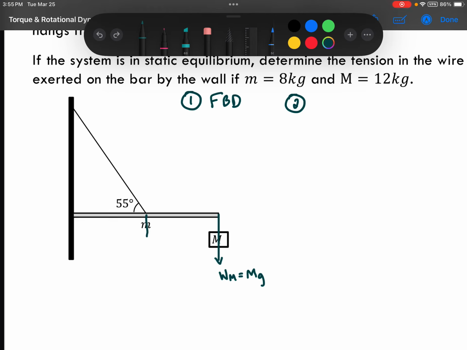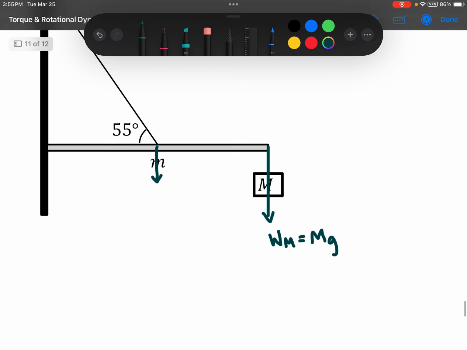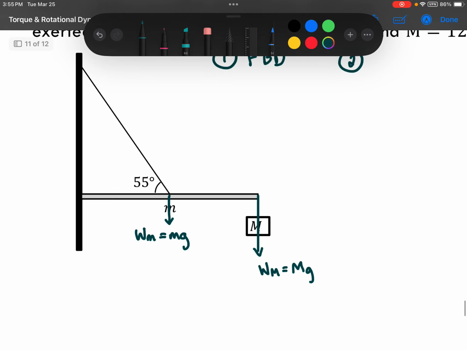Oh, it does not want to make a nice vertical line for me. That'll do. So weight of little m will be little mg. So that's the weight of the bar itself. So right now we have the weight of the sign and the weight of the bar.